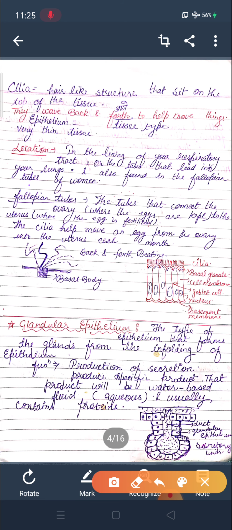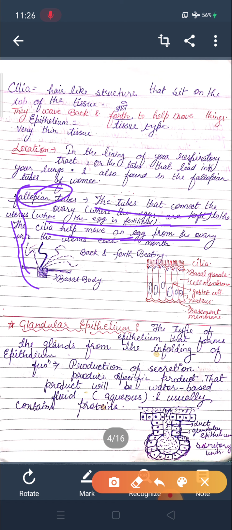Here I have also explained what is fallopian tube. The tubes that connect the ovary where the eggs are kept to the uterus when the egg is fertile. The cilia help move an egg from the ovary into the uterus each month.